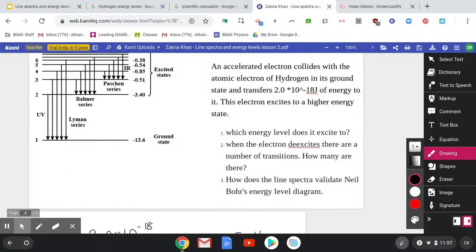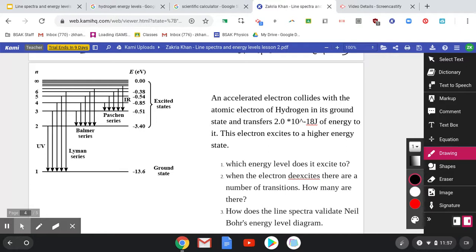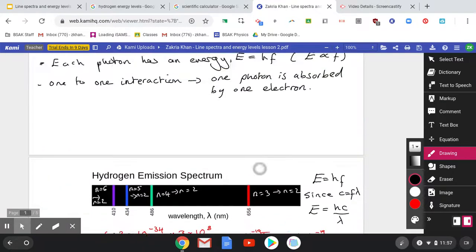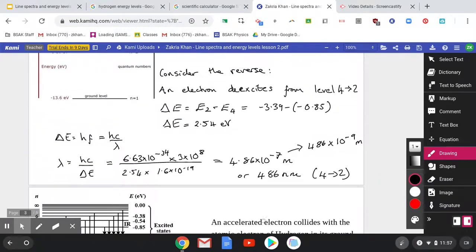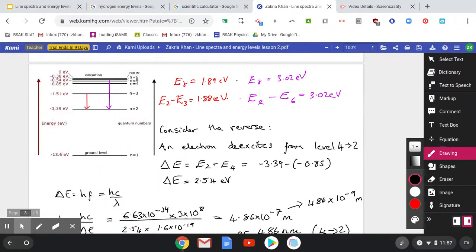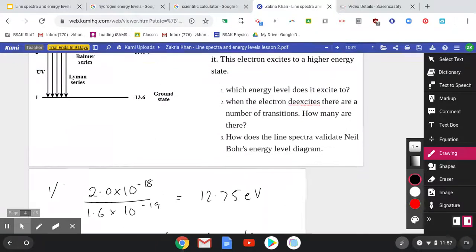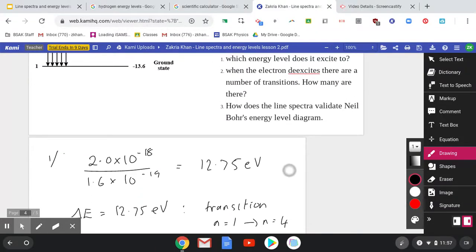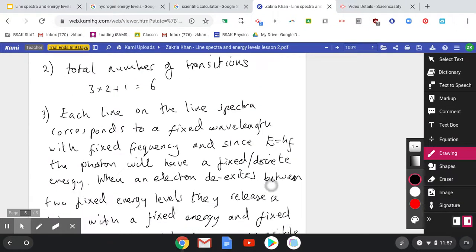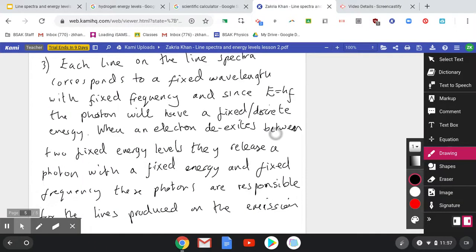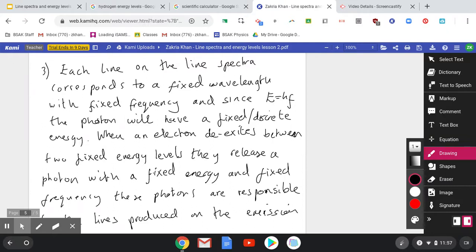The next question is, how does the line spectra validate this energy level diagram? So how does the line spectra, which is this, validate this energy level diagram? That was the link that we've been making, but we have to write it out in words now. So note the number of times I say fixed in this answer.